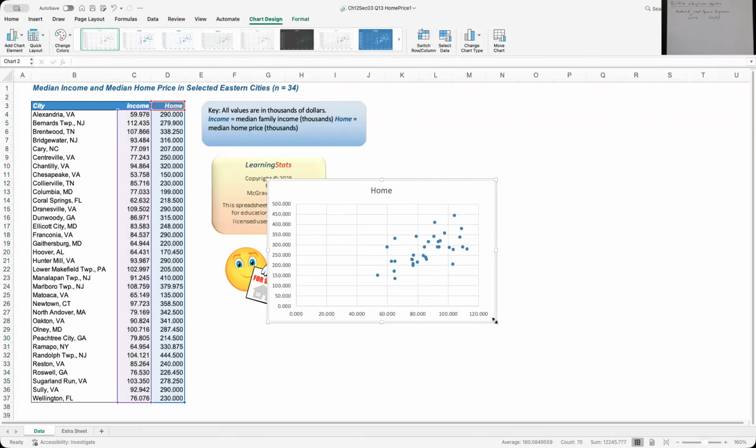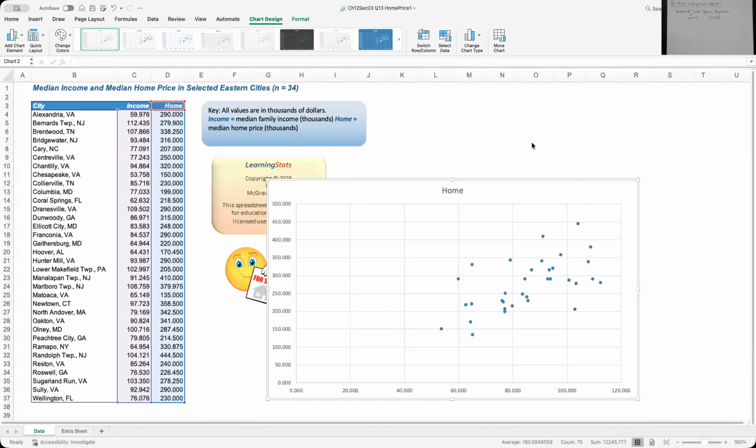Here is our scatter plot showing what kind of a relationship?